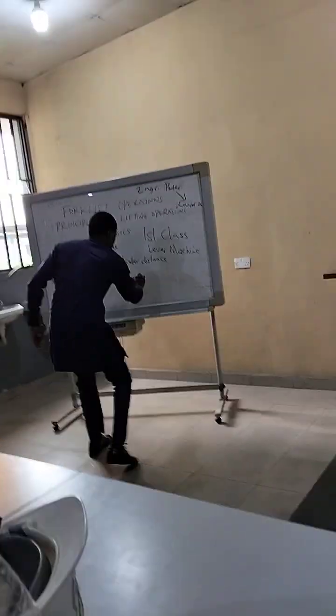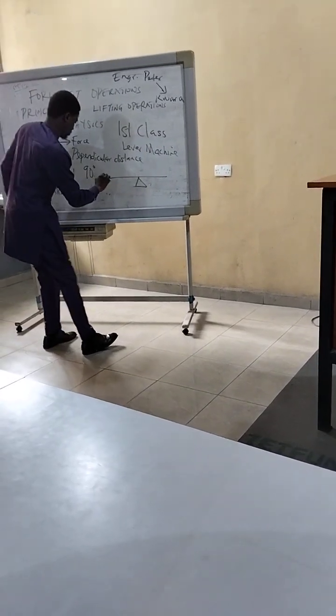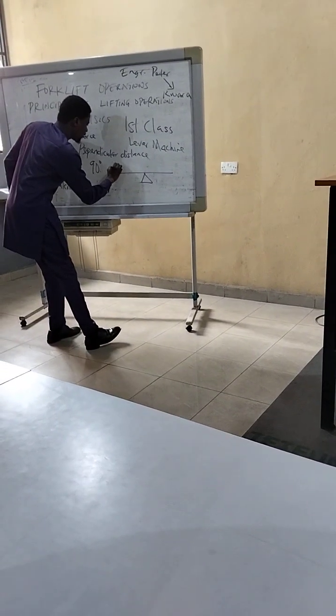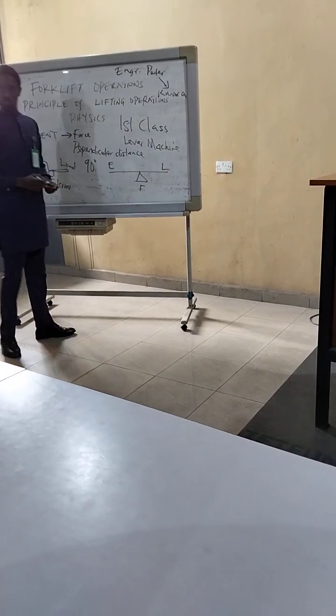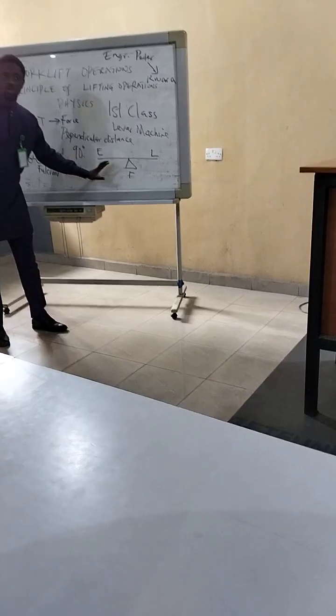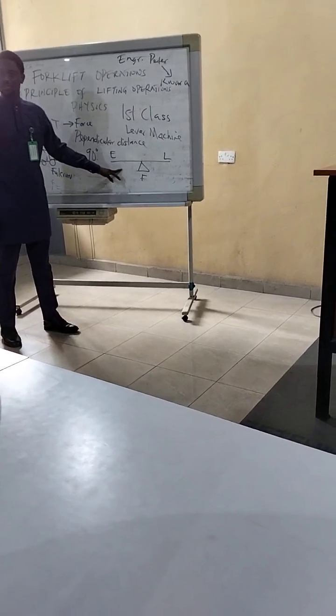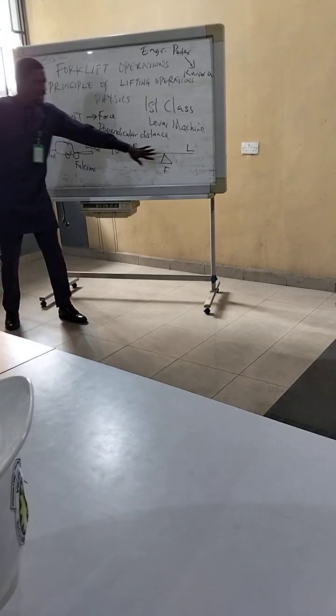So at the end of the day, we have something like this. Fulcrum, the effort, the load. Your fulcrum, your effort, which is the counterbalance. Then this is where you put your load. So this is a simple diagram of our forklift.